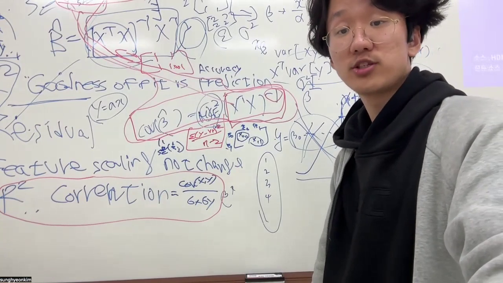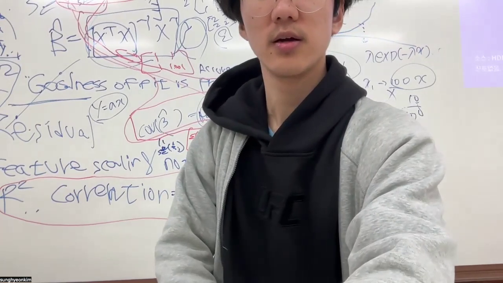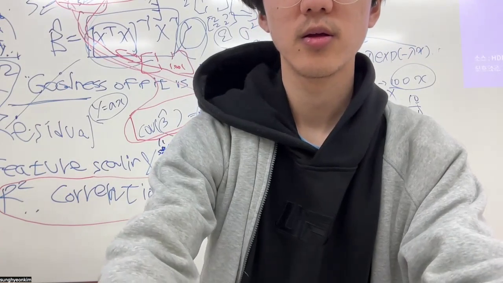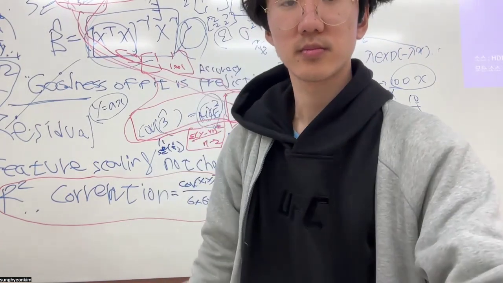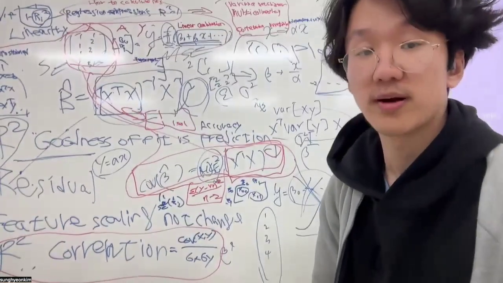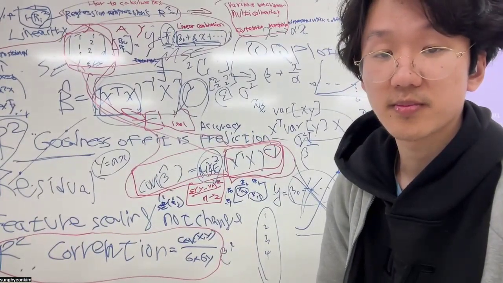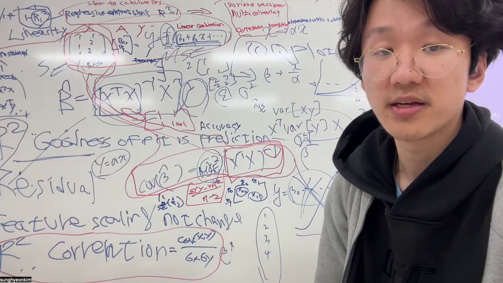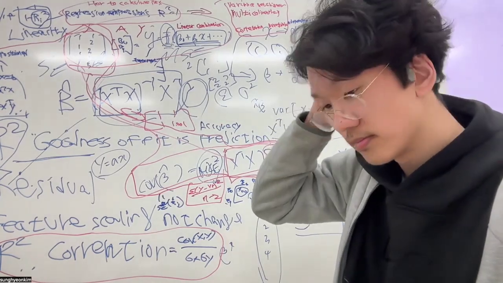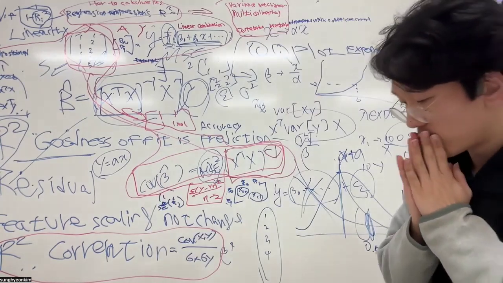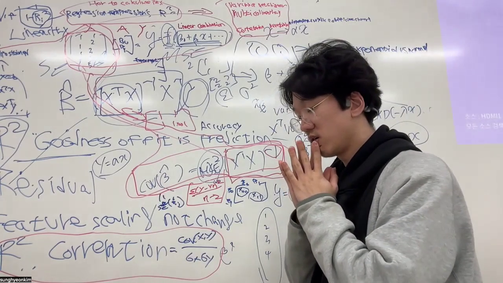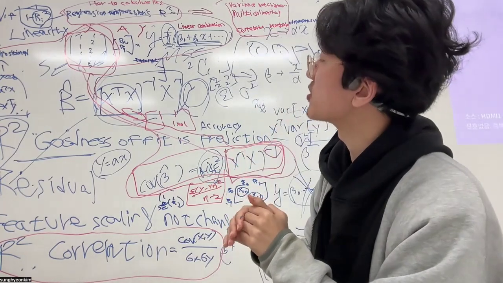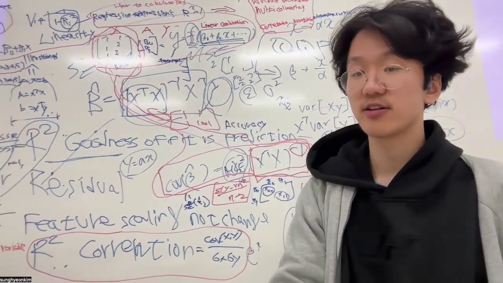And what we should also check is normality. We can check normality by histogram, checking whether, let's say, the original distribution follows a normal distribution, and your sample should also follow a normal distribution.